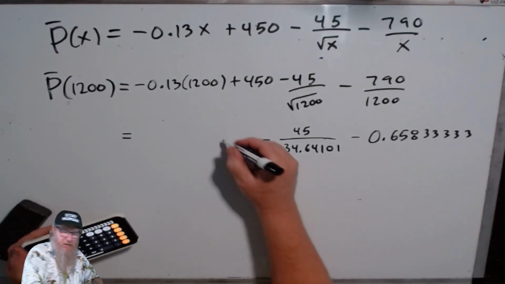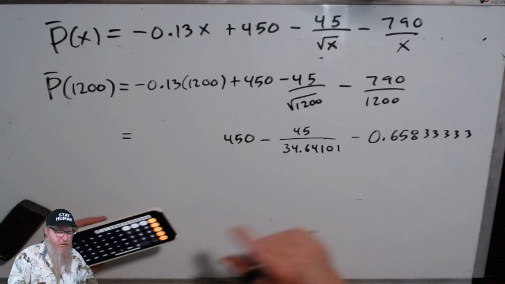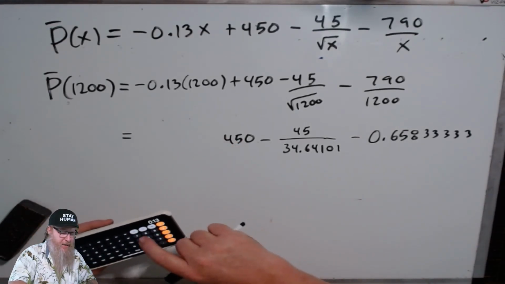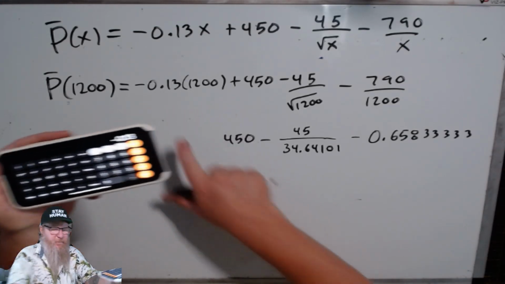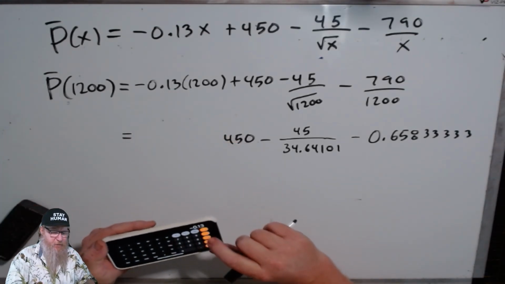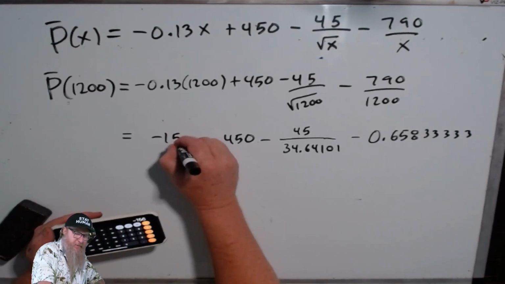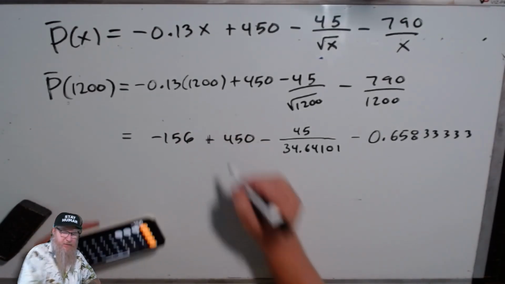It's going to be ugly, but it'll work. And then I got a negative 0.13, so negative 0.13 times 1200. Negative 156. That came out nice.